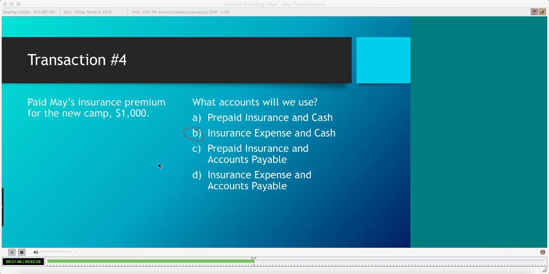It's some ridiculous amount of insurance. And so we've already paid it in April, so we just need to show that we're using an extra $1,000 up. So we may have to pay in the future. We may be short $1,000, but as it stands at this point, we're going to debit insurance expense. So that's going to show that we're using what we've already paid the insurance company.